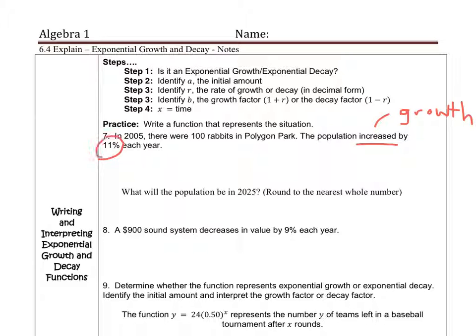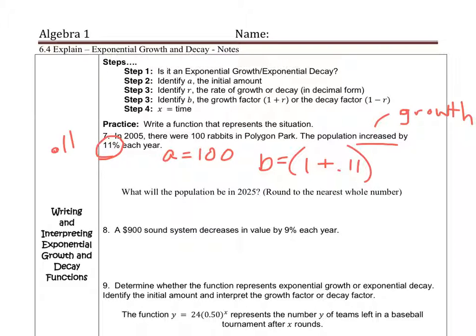So we got to turn that 11% into a decimal, which would be 0.11. So let's start with our initial amount. Our A, that was pretty simple, is the 100 rabbits. Now our B, our rate of growth, is going to be 1 plus our decimal of 0.11.